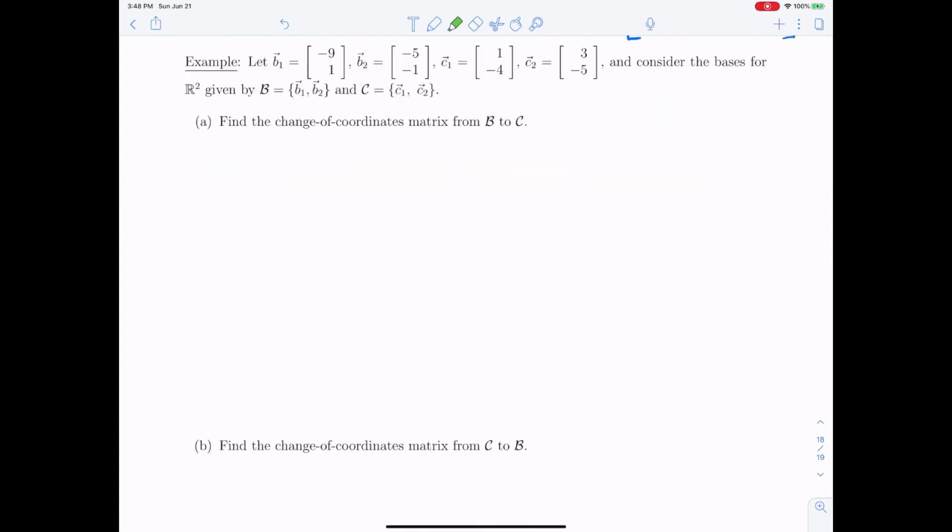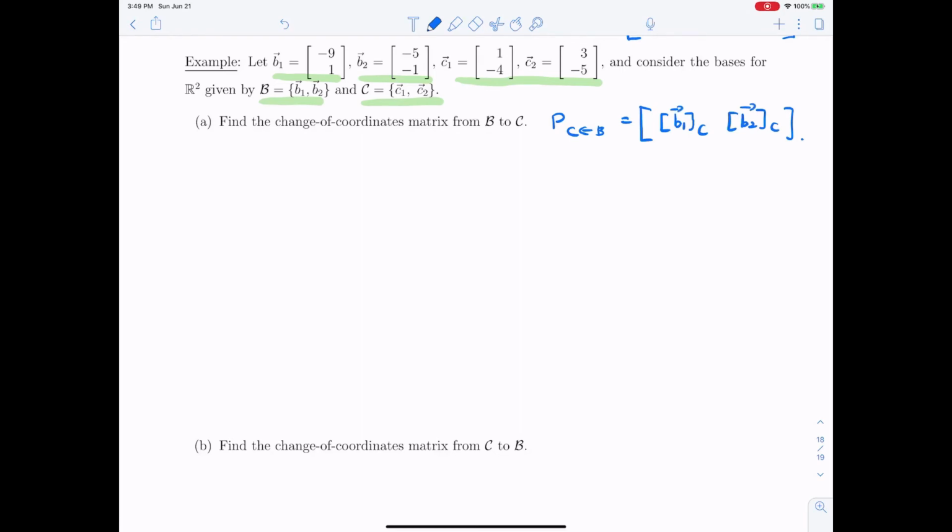So suppose that B sub 1 is (9, 1), B sub 2 is (-5, -1), and C sub 1 and C sub 2 are these vectors. And consider the bases for R^2 given by B1 and B2, and C1 and C2. Then we can find the change of coordinate matrix from B to C, or equivalently P sub B to C, which equals [B sub 1] sub C and [B sub 2] sub C, right?